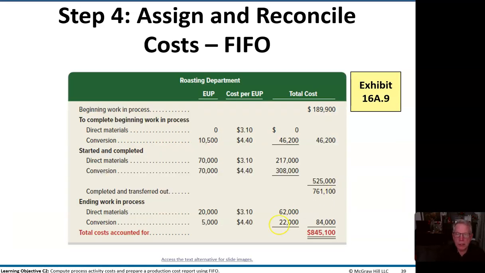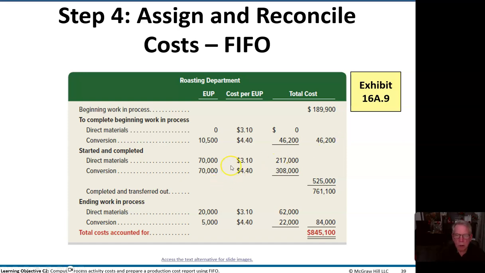So now I just multiply those costs per equivalent unit of production here and here, here and here, and here and here. So for direct materials, to complete the beginning work in process was 0, and then conversion was 10,500 at $4.40 for a total of 46,200.